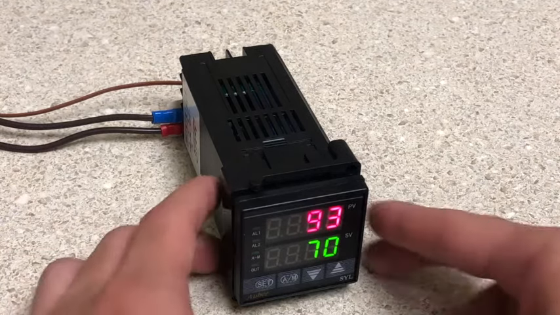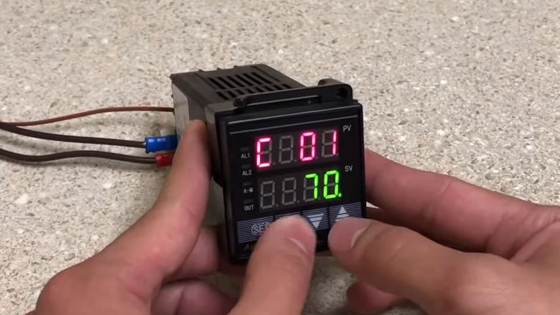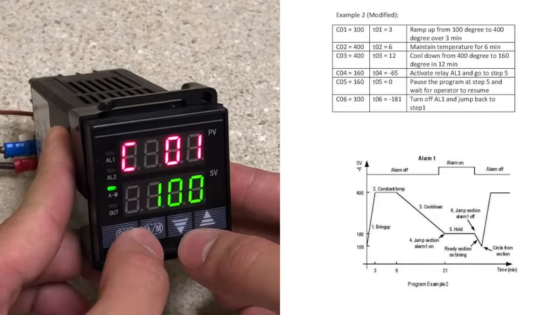So I'm going to click A/M to change my C1 to 100, slightly higher than our ambient temperature of 90.